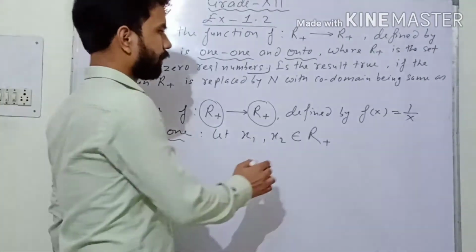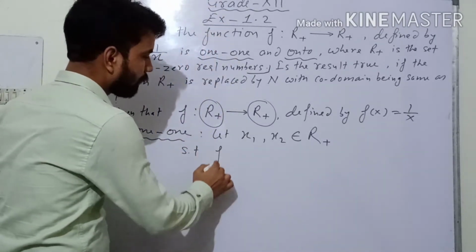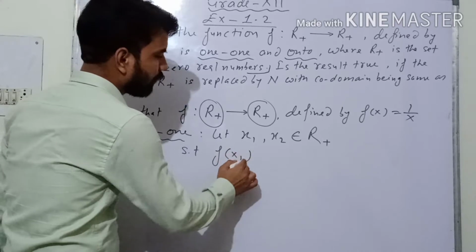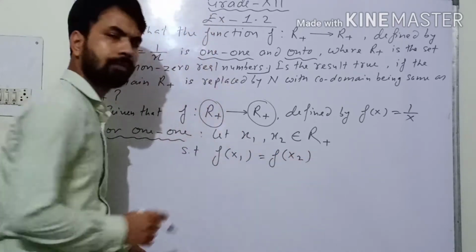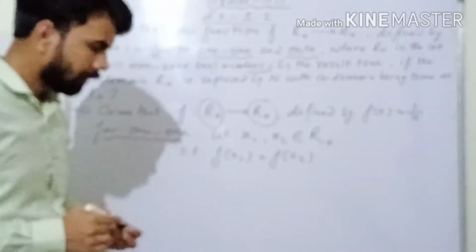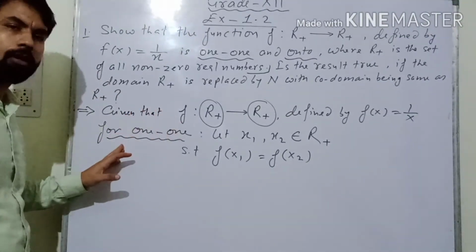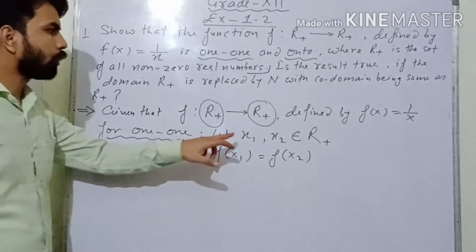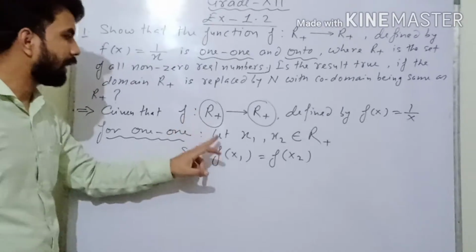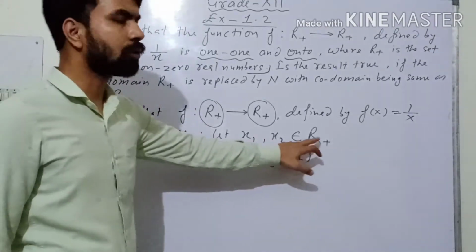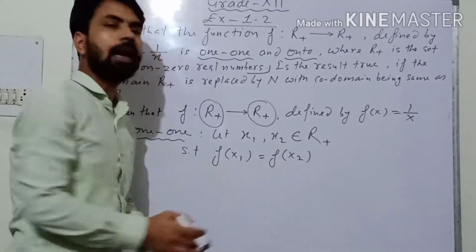Clear? Such that f(x1) equals to f(x2). Are you getting this point? What I am saying here, for checking whether this function is 1-1 or not, we will consider two different elements belonging to its domain. So I considered here x1 and x2 belonging to R positive, such that f(x1) equals to f(x2).